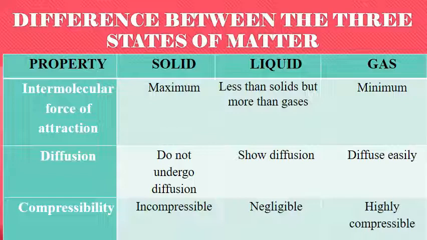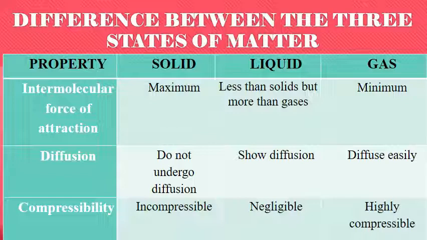The last property, compressibility. Solids are incompressible. The space between the particles of the solid is so little that you cannot bring the particles closer together. As the intermolecular space is very small, you cannot bring the particles any closer to one another.